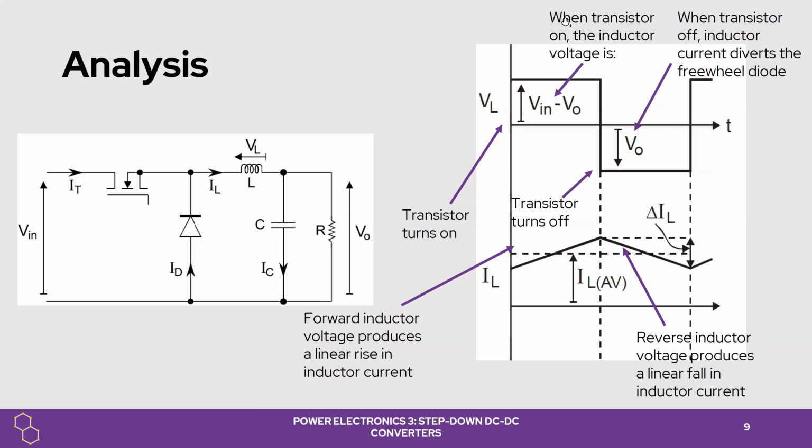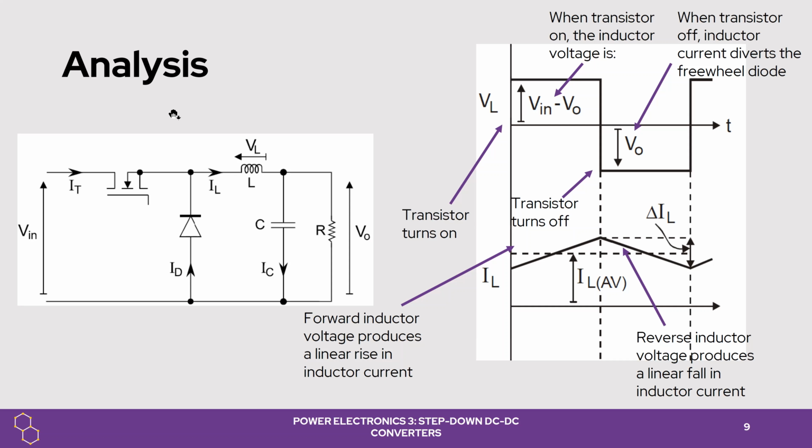In the circuit shown, we analyze the circuit as we can see from the figure. When the transistor is on, we analyze the inductor voltage and the inductor current in this figure. The voltage on the inductor is the input voltage minus the output voltage.